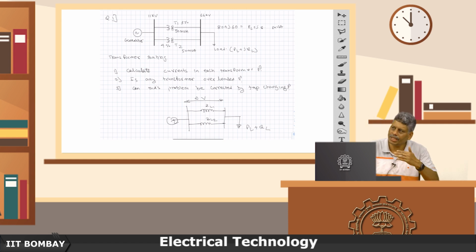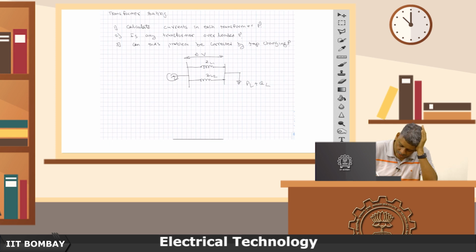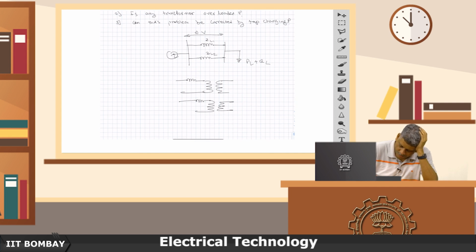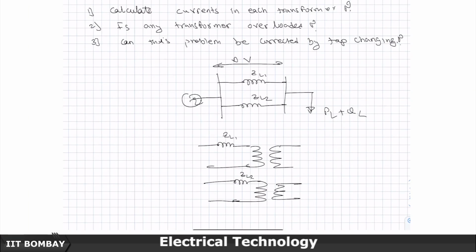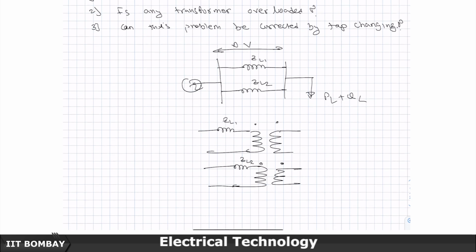Now, really speaking, we can think of these devices as ideal transformers, one having a leakage impedance ZL1, and the other having a leakage impedance ZL2.